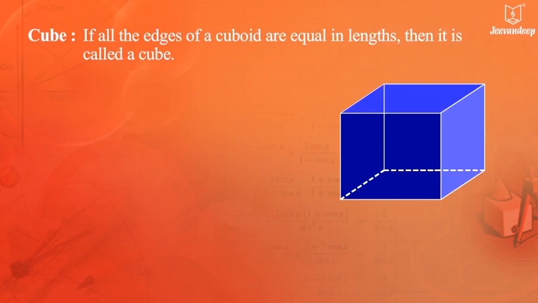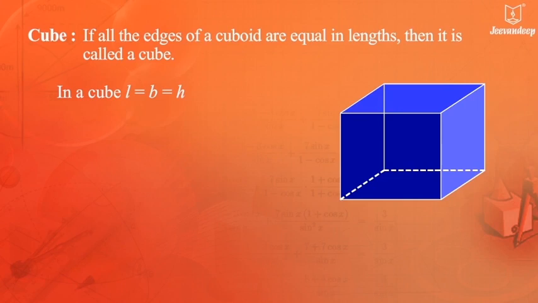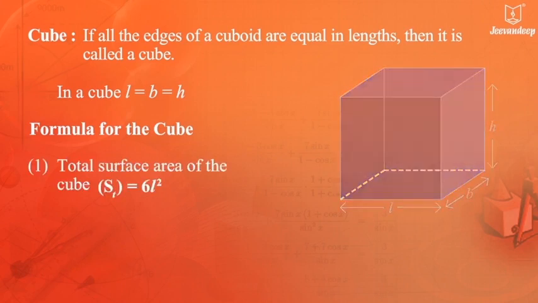Cube. If all the edges of a cuboid are equal in lengths, then it is called a cube. In a cube, L equals B equals H. Formula for the cube. 1.